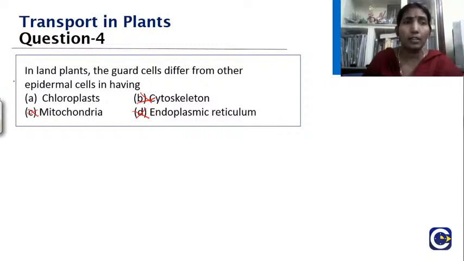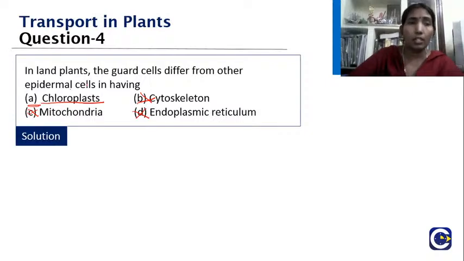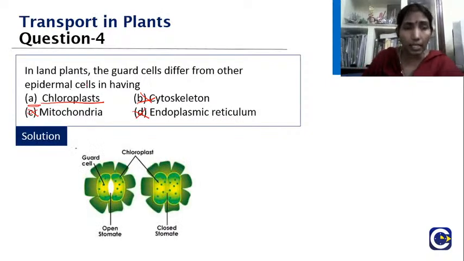So the difference that we are going to see is the chloroplast, because the guard cells differ from other epidermal cells by the presence of chloroplast, as they can manufacture their own food. So these are the guard cells, and then we have the subsidiary or supporting cells, and you can see that small pore-like opening which we call the stomata. These guard cells regulate the opening and closing of the stomata.